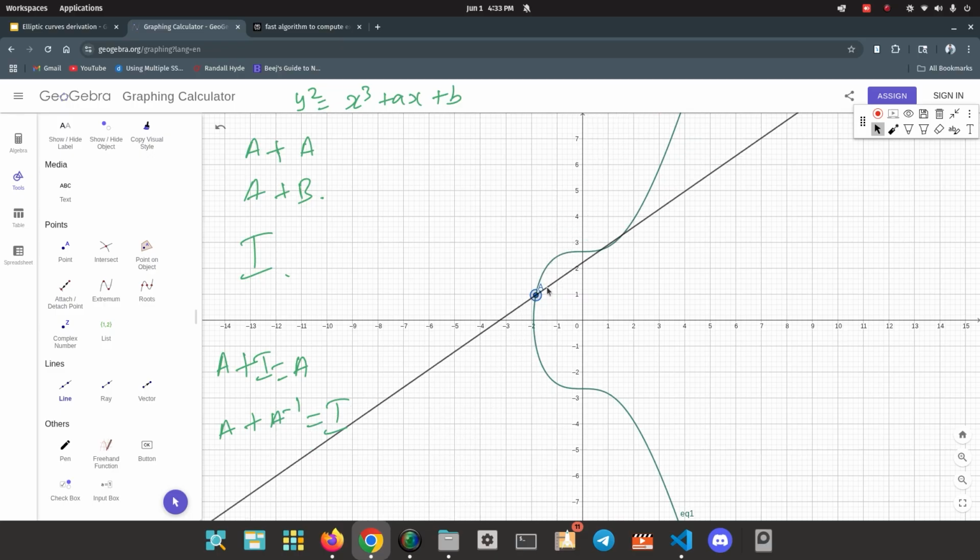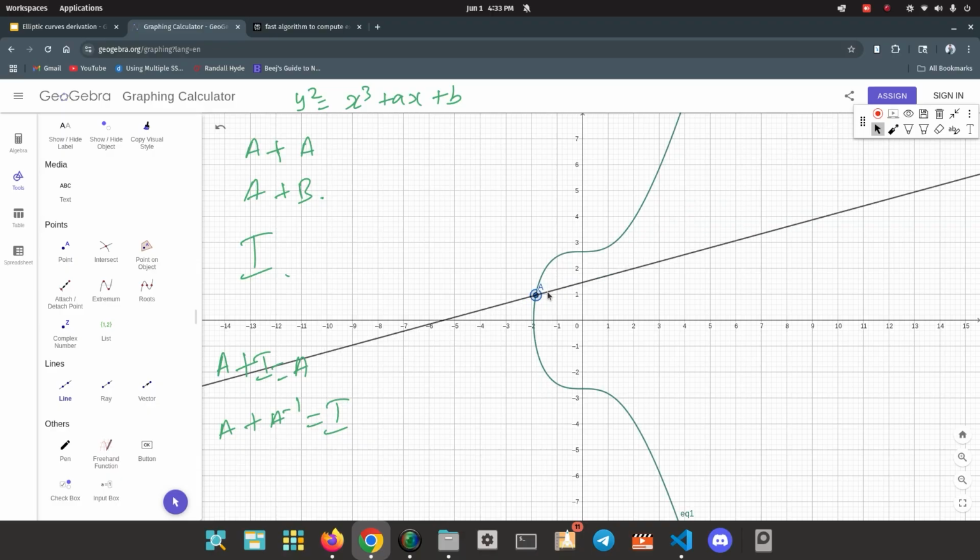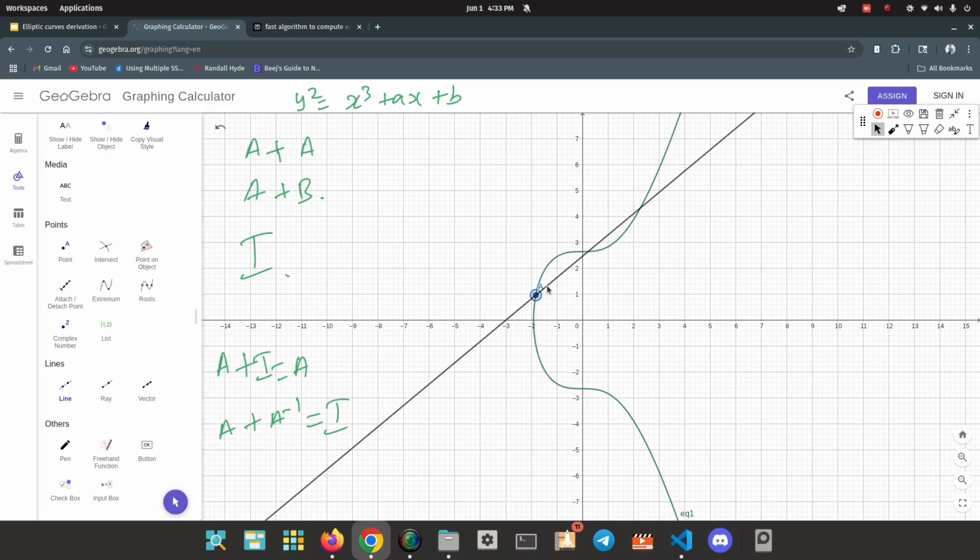Okay, in this case, wait a minute, in this case it meets exactly 3 points. And you should be able to verify that it won't meet the curve at more than 3 points.